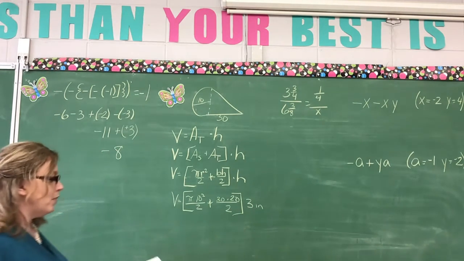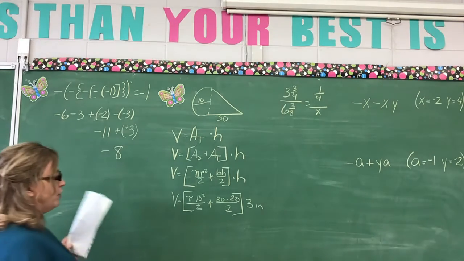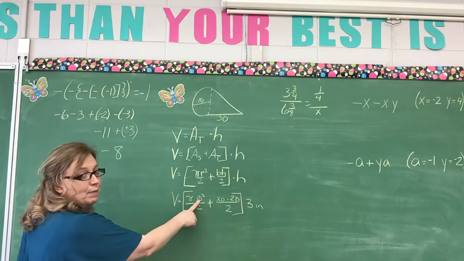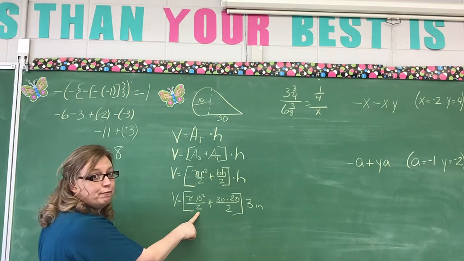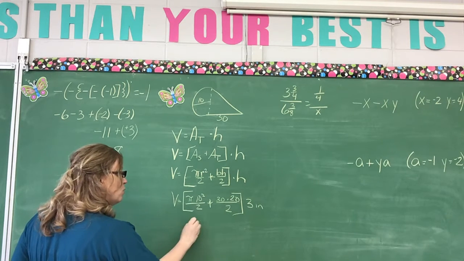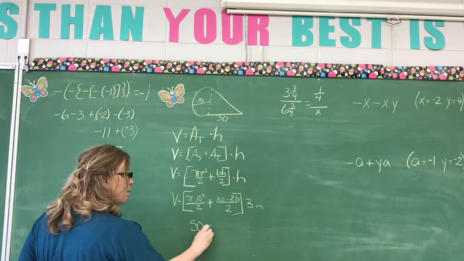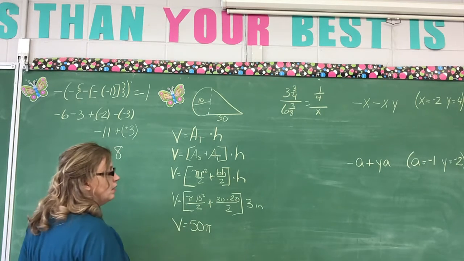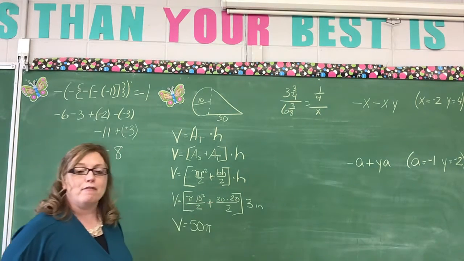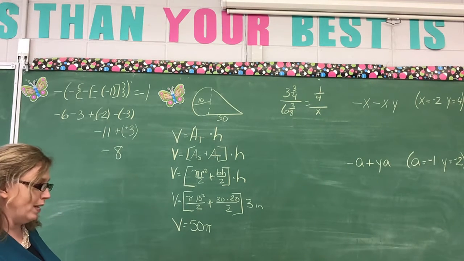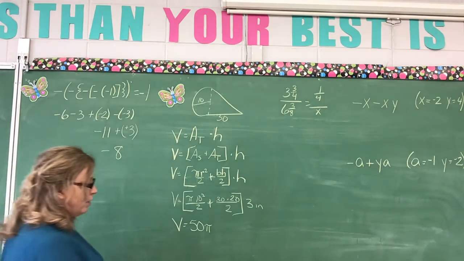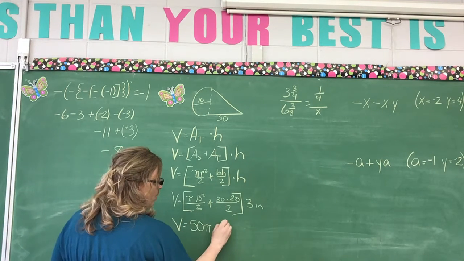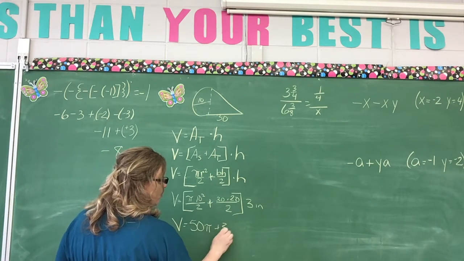Okay? So now we simply need to solve. If we do that, we say 10 times 10 is 100. 100 divided by 2 is 50. So this equals 50 pi. Now go over here. And we have 30 times 20 divided by 2. And because we get 600 divided by 2, we now have 300.